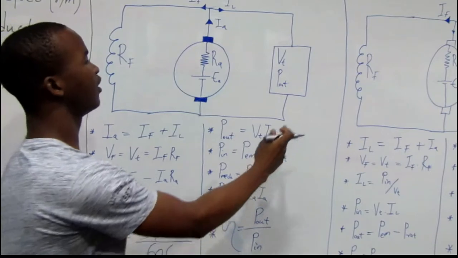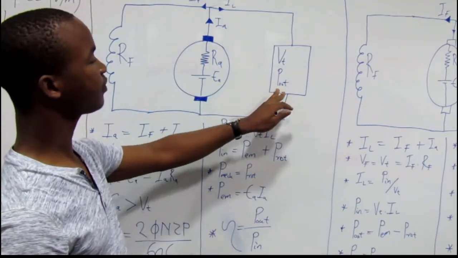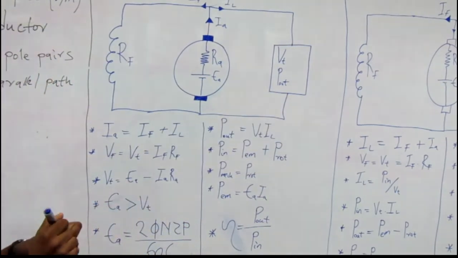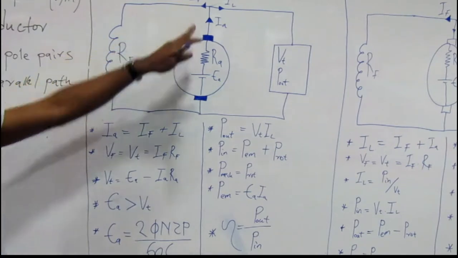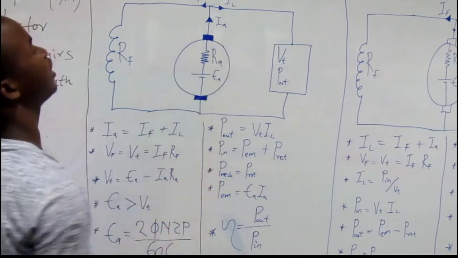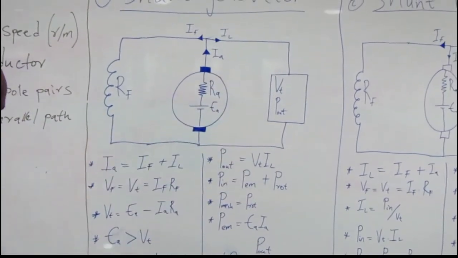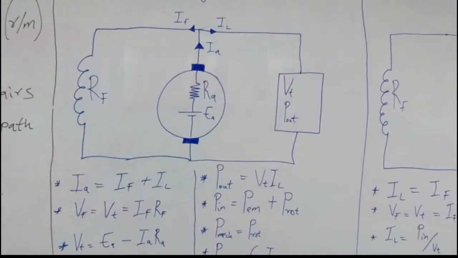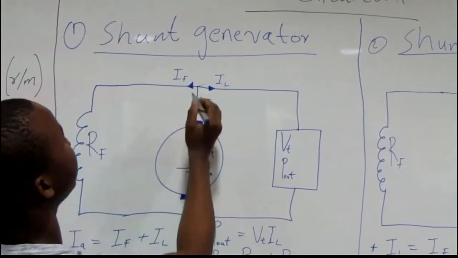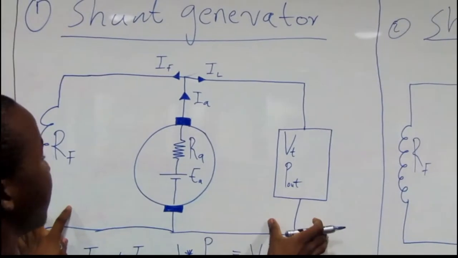Here, this VT is the terminal voltage. Then this P is a given P, which you consider as P out. Then IF is the field current, IL is the load current, and IA is the armature current. You must note that for a generator, current comes from the armature, then it distributes itself into two, which you consider as parallel.